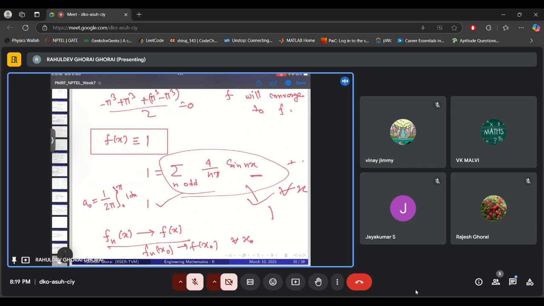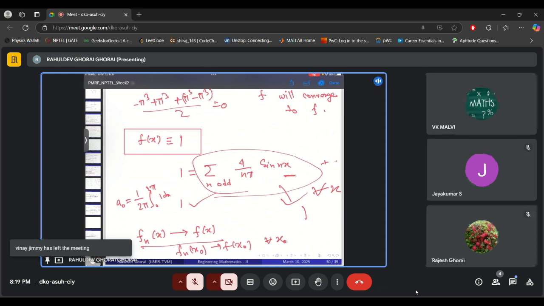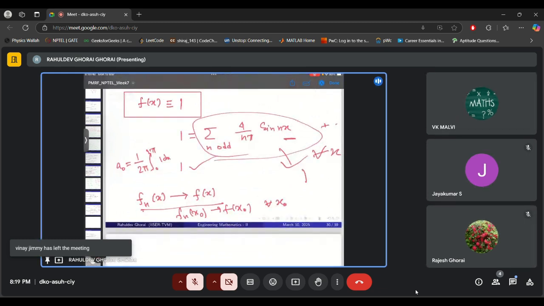But when you take uniform convergence, we don't talk about x precisely. That convergence will not depend on x. For any x you give, the convergence will not depend on x.